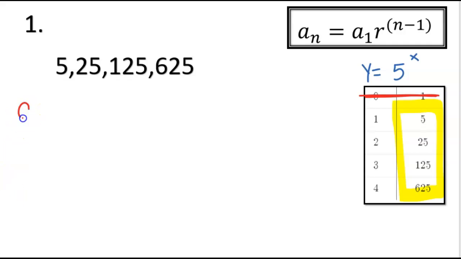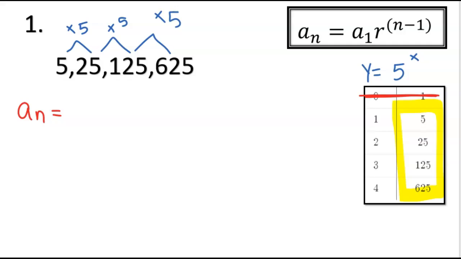I don't really have to find the multiplier because we already looked at that. We know that the multiplier is times 5. To get to the next number in the pattern, we multiply times 5.